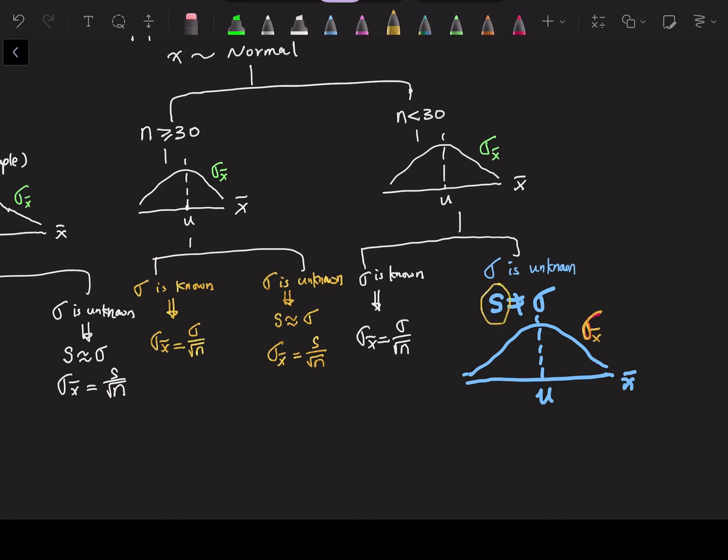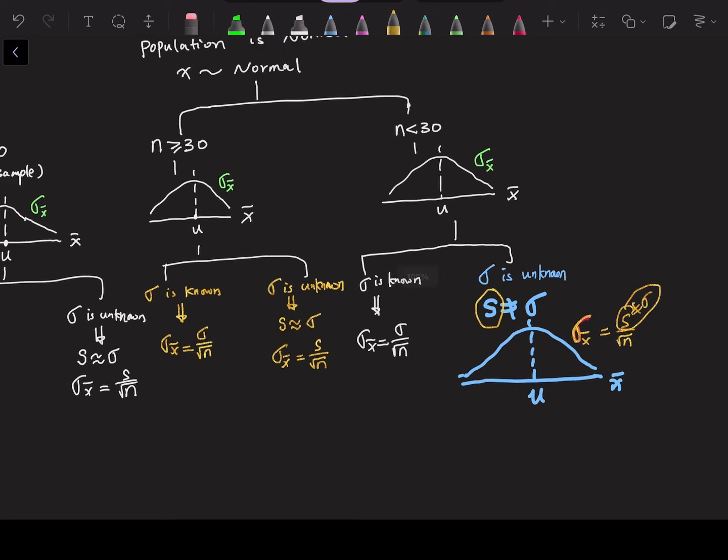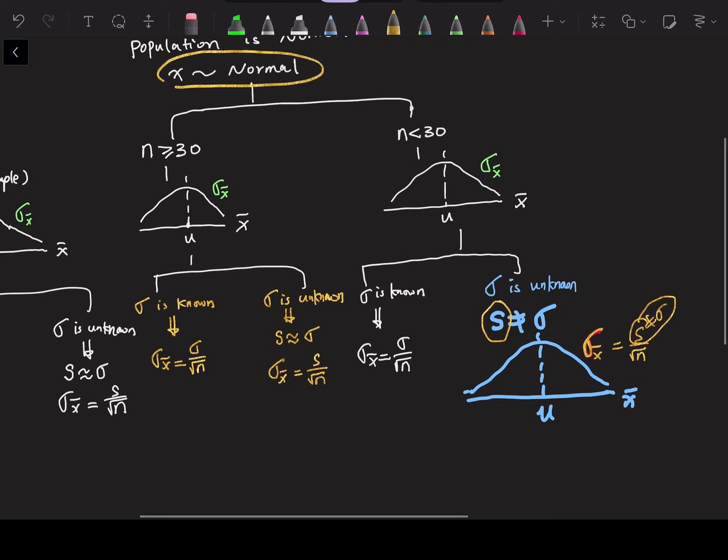As long as you have sample data, you can always compute the sample standard deviation. You want to do this, but the thing is, n is small, and you can't use s to approximate sigma. That means this is a normal distribution, because x is normal. For any sample size, x bar follows normal.